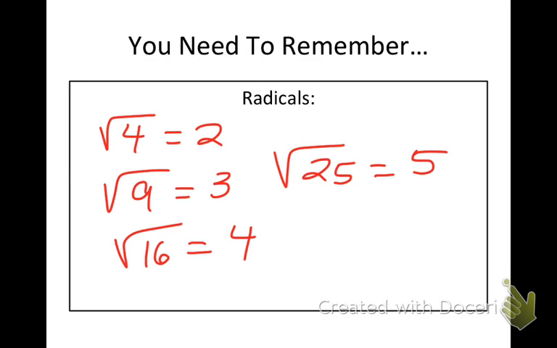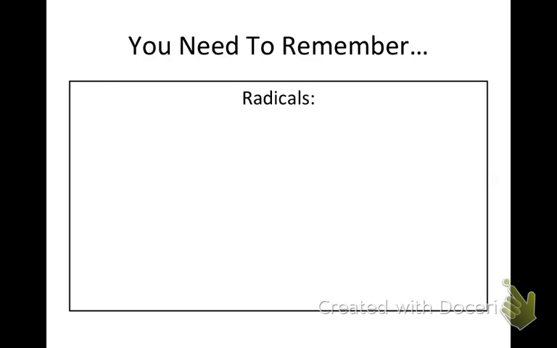All right, so please write the following steps down for simplifying radicals using Mrs. Crowley's method.